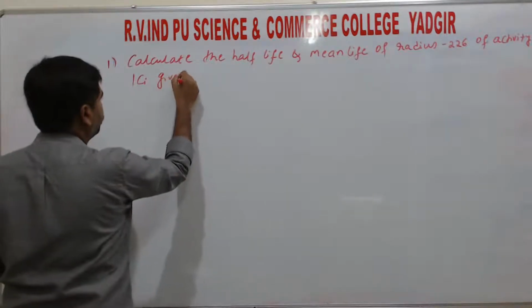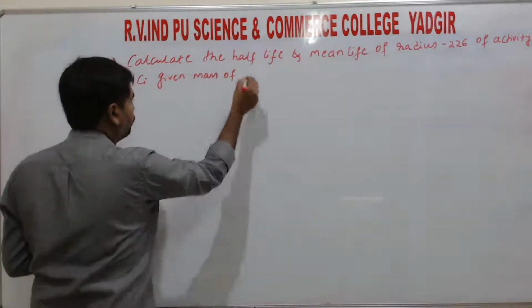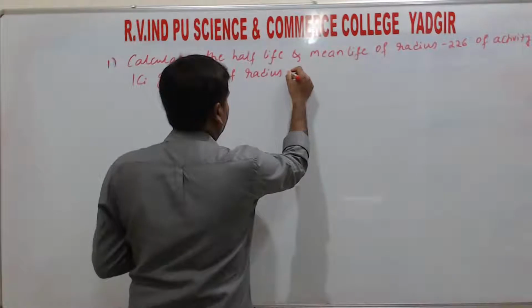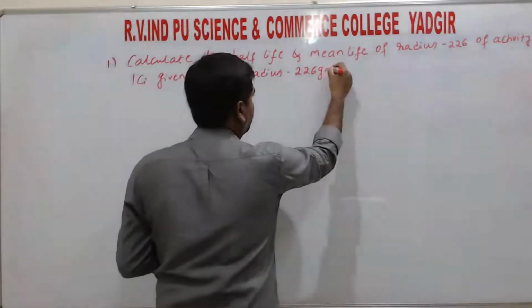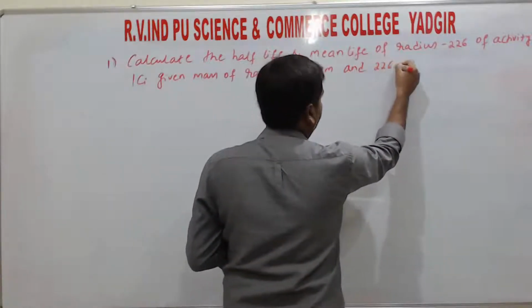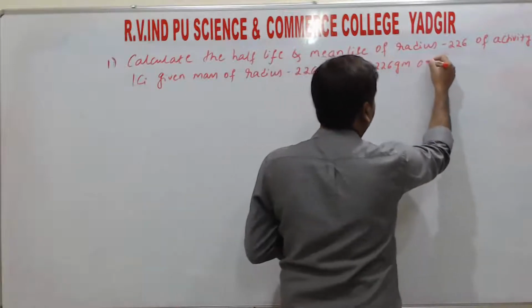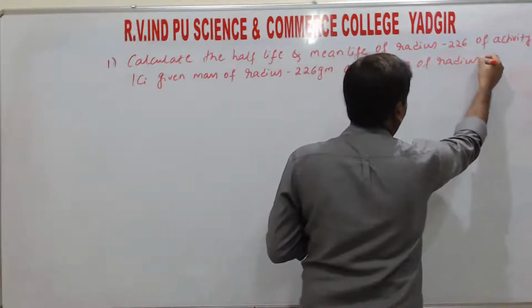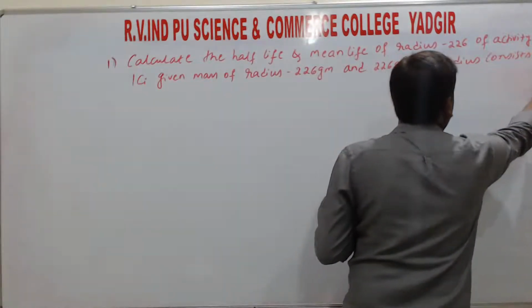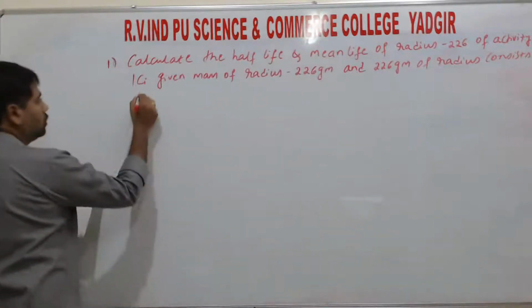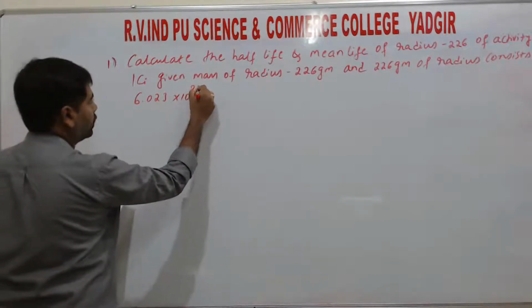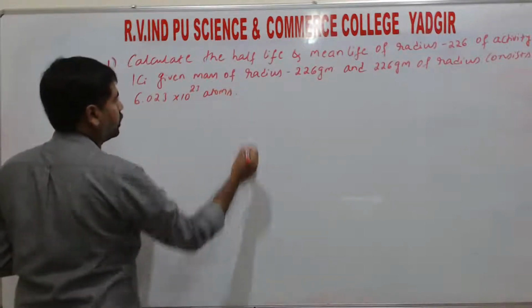Given the mass of radium is 226 gram. 226 gram of radium consists of 6.023 into 10 to the power of 23 atoms or nuclei, right?